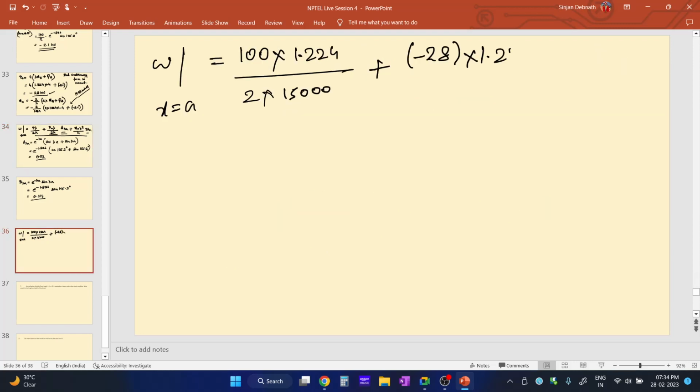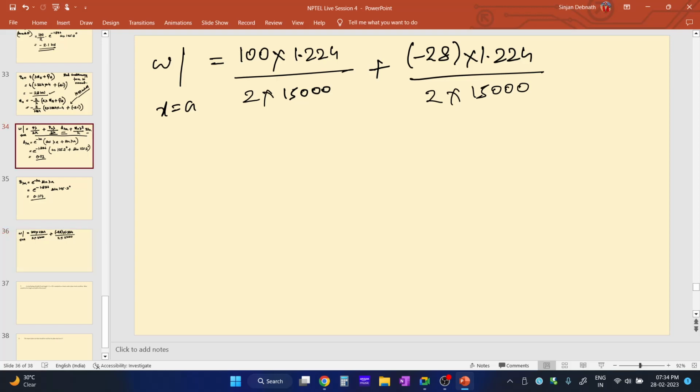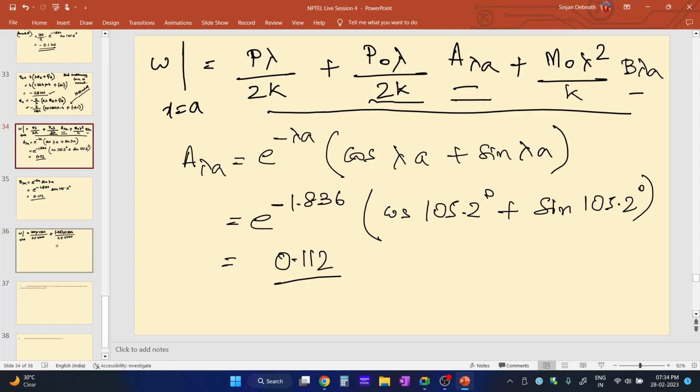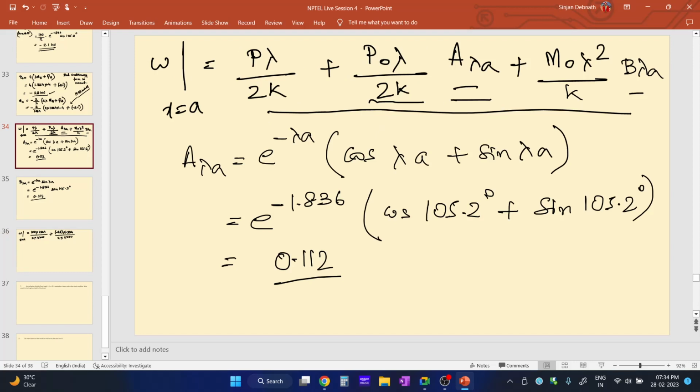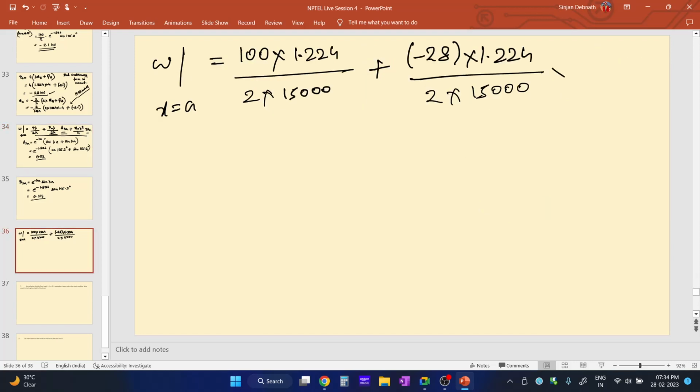Lambda is 1.224, by 2 into 15,000, into A lambda A. What is A lambda A? A lambda A is equal to 0.112.